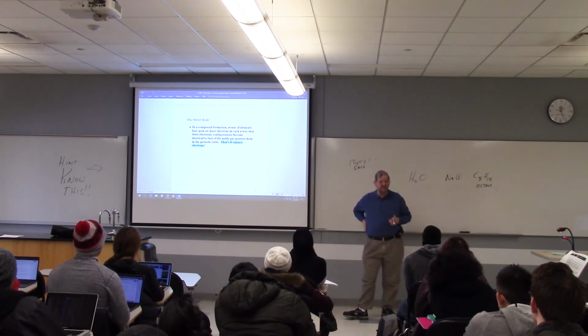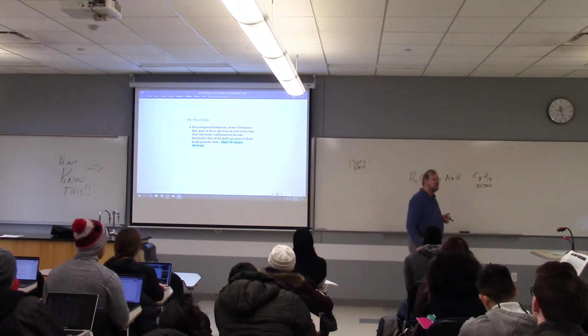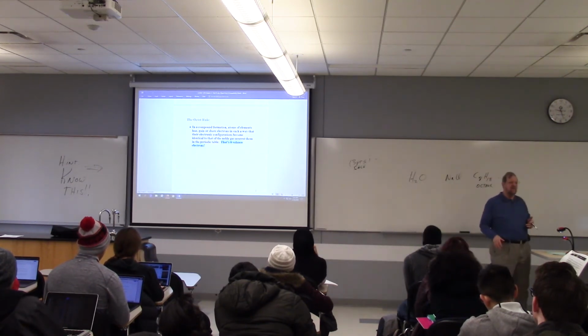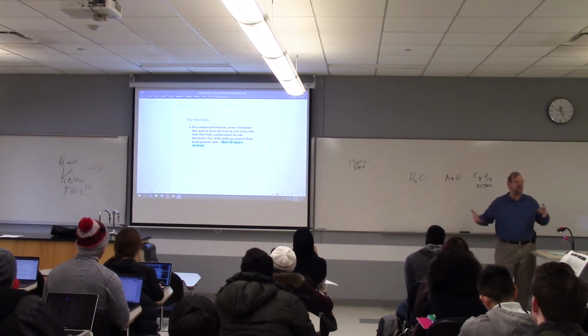What that really means, and notice I even highlighted it in a pretty color, is that atoms lose, gain, or share electrons to have 8 valence electrons, an octet.